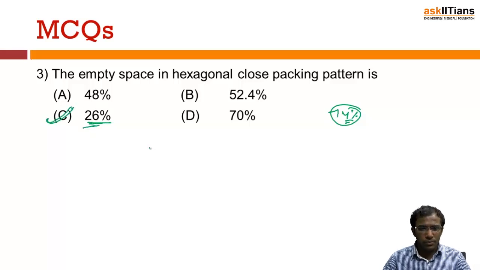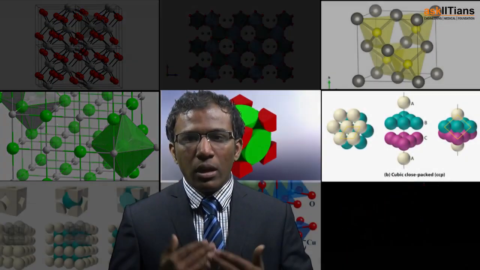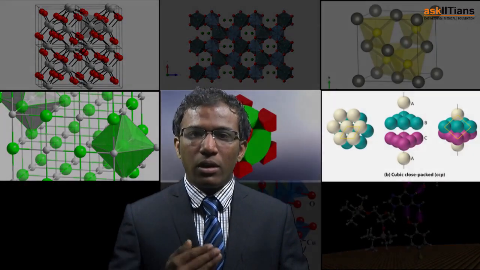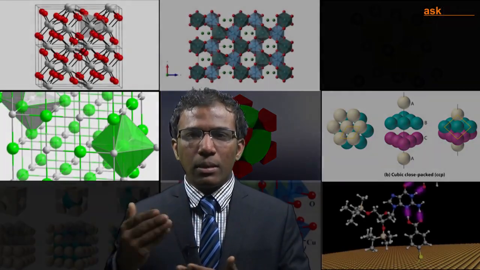We will learn about the packing efficiency or packing fraction in the coming parts. So this is all about the 3-dimensional packing. One is HCP, which is an ABAB type of arrangement. Another is CCP, which is an ABC type of arrangement. Students, in this part we discussed more about the 3-dimensional close packing structures: hexagonal close packing, which gave an ABAB type of pattern, and cubical close packing, which gave an ABC type of pattern.